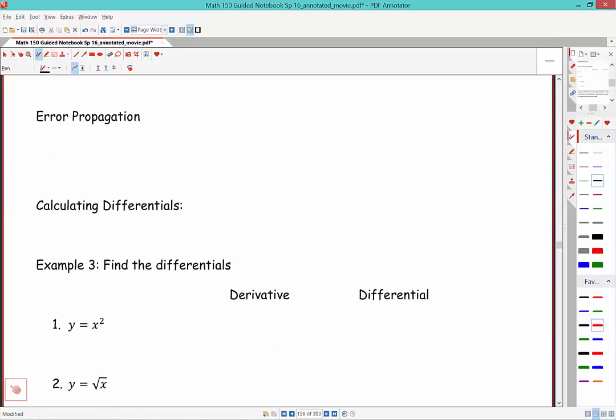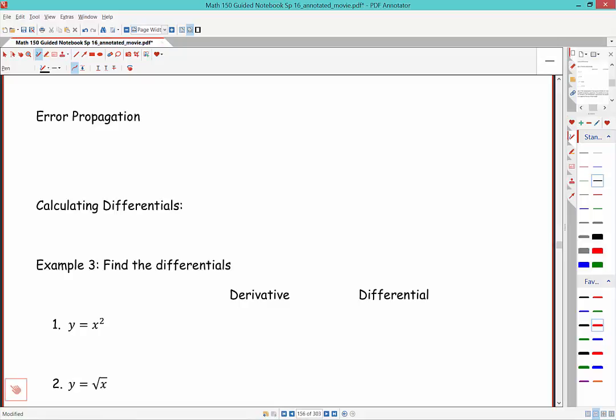With error propagation, the main idea here is that there's always some kind of error, whether it's error in your measurement, whatever you have. So there's like a measured length, right? And the actual length, which would be the measured length plus or minus the error.